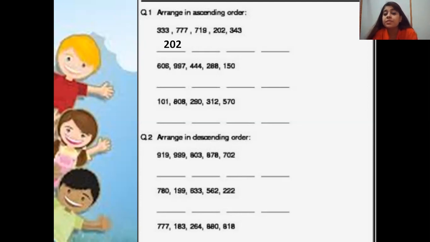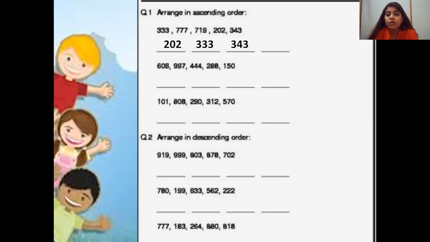Now, what comes after 202? It is 333. And what comes after 333? It's 343. And then we have two numbers left, that is 777 and 719.